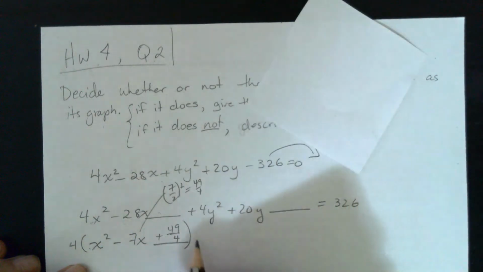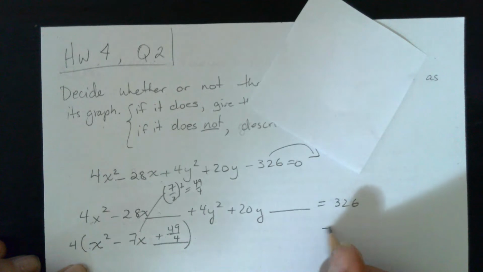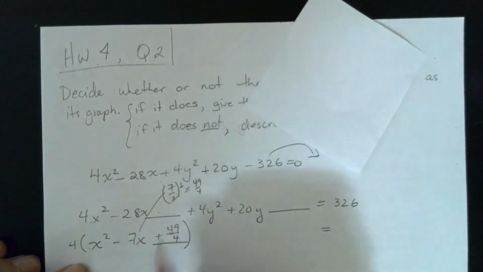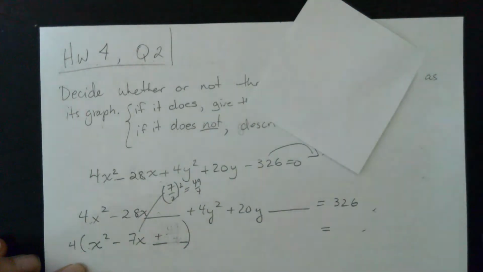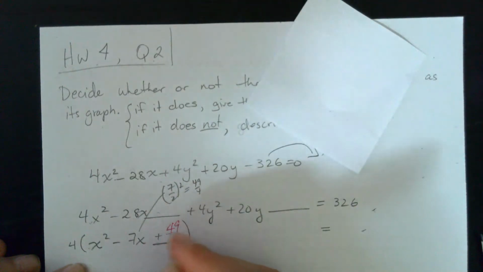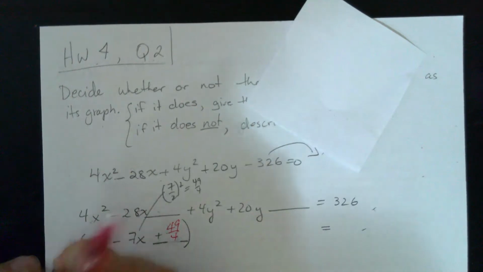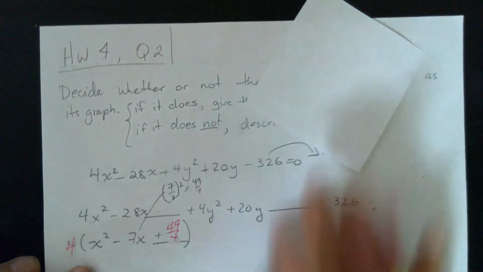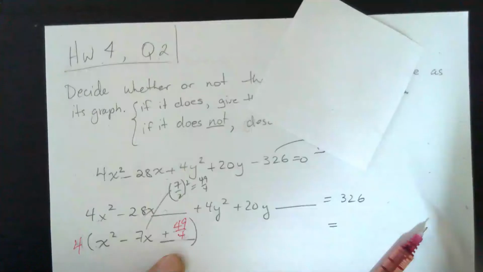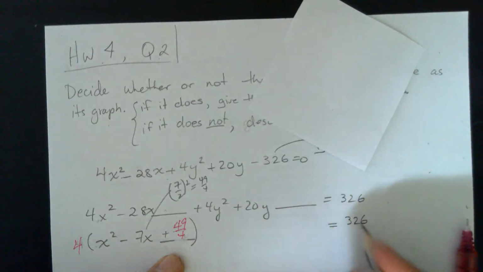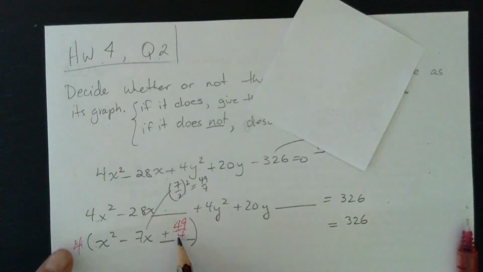So now I'm going to do it. Let me put it in pink. 49 over 4. Normally I would put the 49 over 4 onto the other side. But the problem is it's 4 times this, 4 times this, 4 times this.